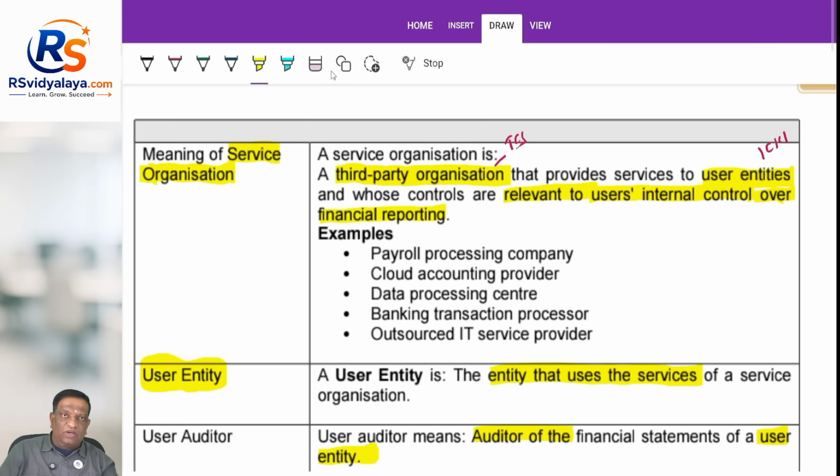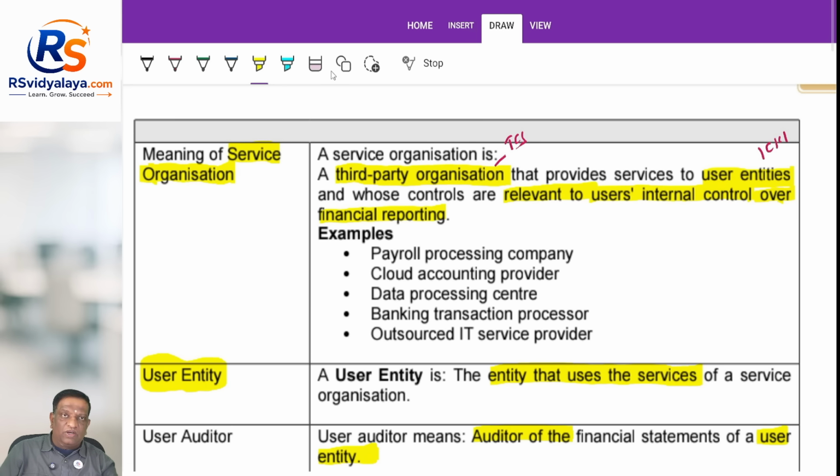See, of late, with MNCs coming into the picture, bigger companies, including say GE Capital or Microsoft, all these companies prefer outsourcing certain data to third parties. Which processes are they outsourcing? They are outsourcing key processes like payroll and accounting.